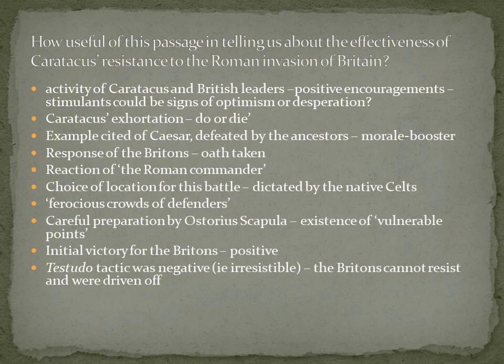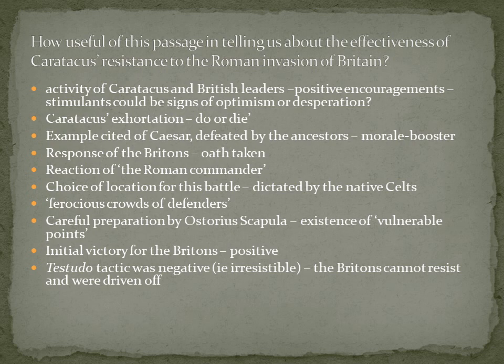We've also got the choice of location for this battle. Now that's dictated by the Britons. And it seems like it's a very sensible place for Caratacus to have chosen, if you look at the description of how it's defended. You've got these ferocious crowds of defenders there ready to fight the Romans. But there is also this careful preparation of Ostorius Scapula.